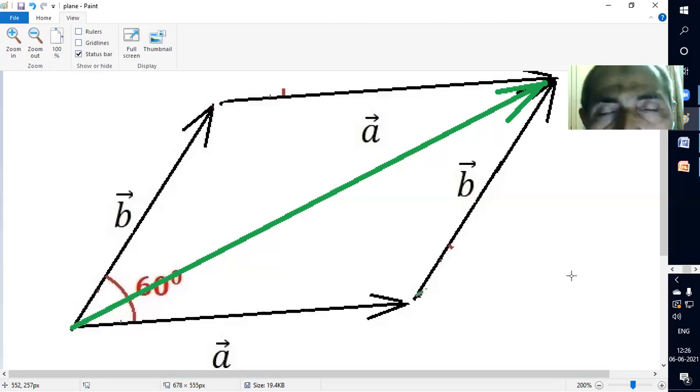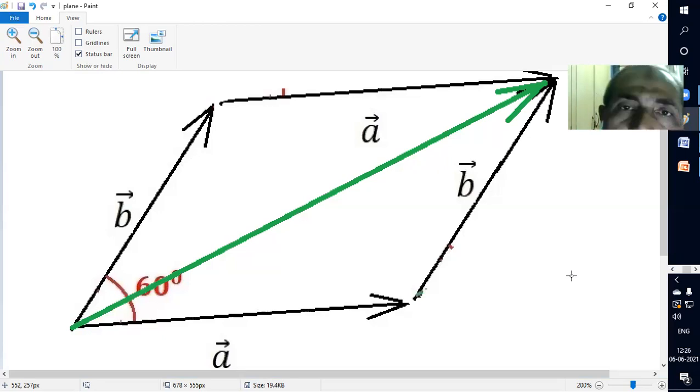So the parallelogram law of vector addition is used when the two vectors are drawn such that their tails are coincident. And the diagonal which is drawn between the two vectors indicates the sum of the two vectors. The addition of the two vectors is obtained by drawing one parallelogram where the diagonal of the parallelogram passing in between these two vectors indicates the sum of the two vectors.